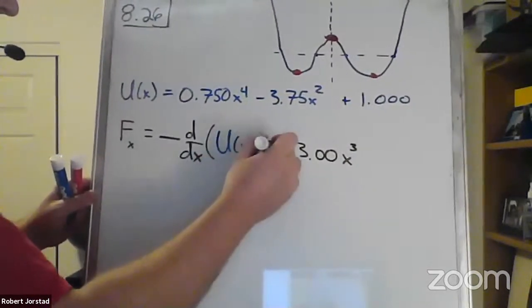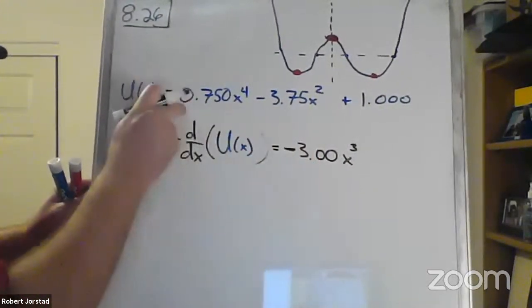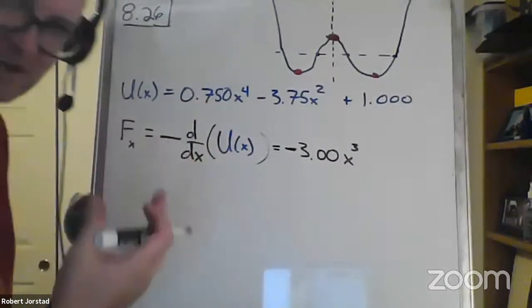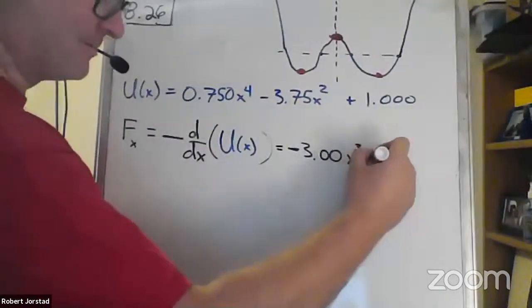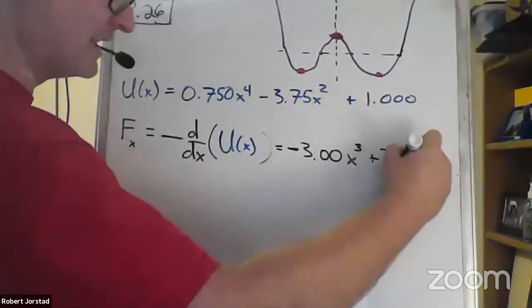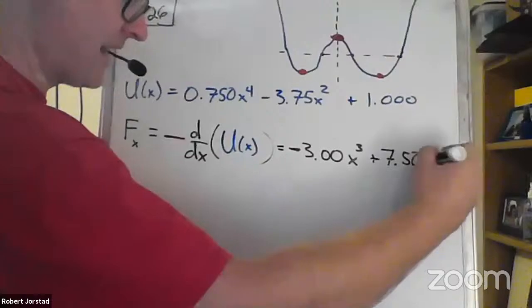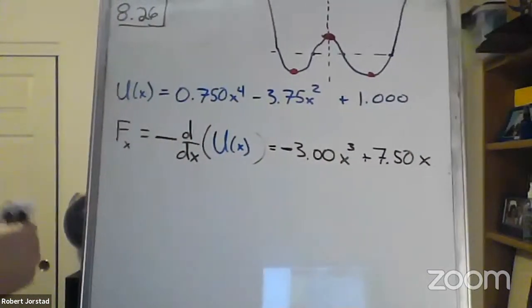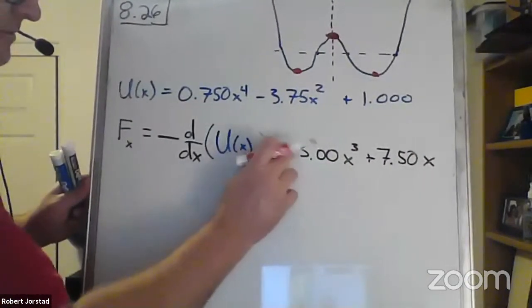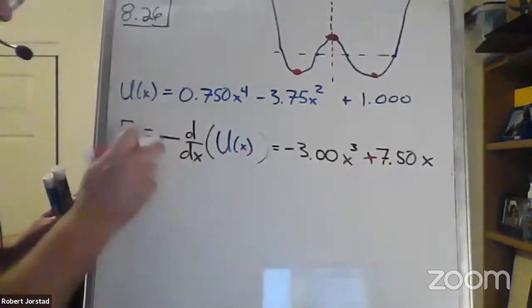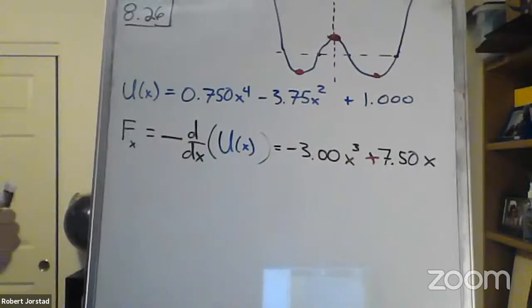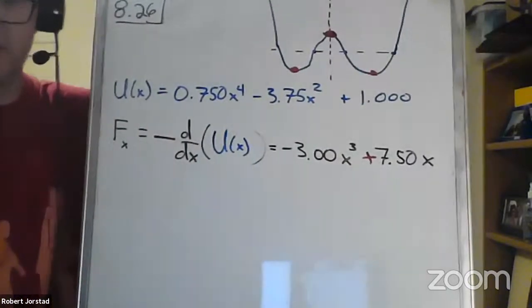That one's got the negative. See what I just said about trying to do it in your head? Look how slow I am now. And then this one was what, plus 7.5? Getting used to writing it on paper, you'll just be faster and make fewer mistakes. I'm going to highlight this just so it stands out. Negative on this one, positive on this one from this red minus sign here. Hopefully I didn't make a mistake.